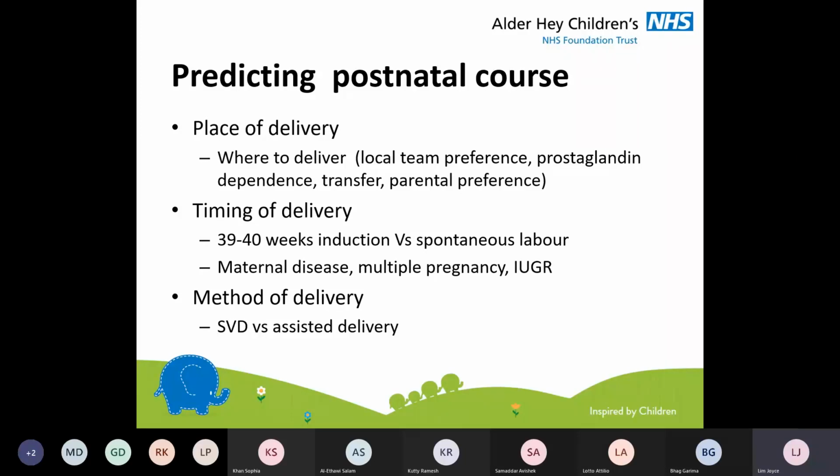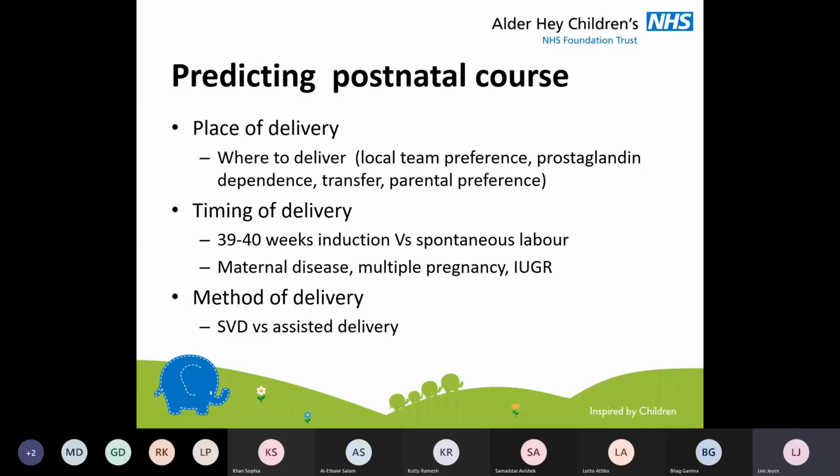We like deliveries as close to term as possible, and if they are living far away, then we get them into Liverpool Women's, usually if it's Liverpool Women's patients, to be induced, and we would anticipate a normal vaginal delivery if at all possible. But if the baby is stuck, the baby is distressed, or mum is unable to push or any other reasons, then assisted delivery or cesarean section will be recommended. Obviously, if mums have diabetes, then it will need to be brought forward.